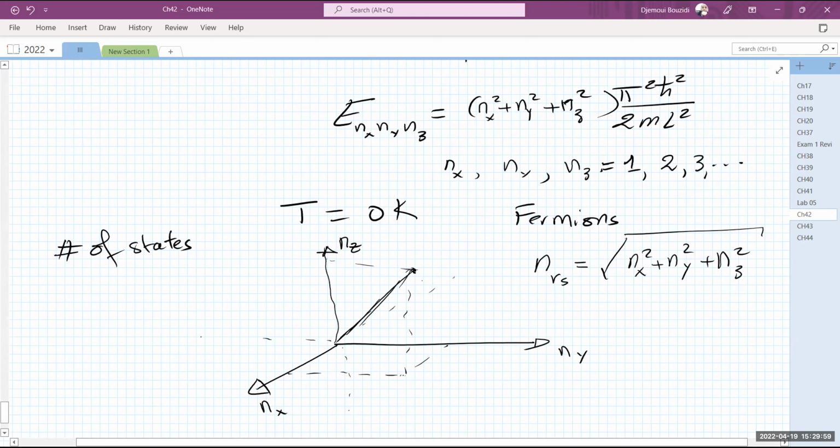What I'm looking at in this case is, for this energy level, which I'm going to represent now as n of radius r for this state. The s in here stands for the state of this radius, okay? So in this case, it's the surface of this sphere.